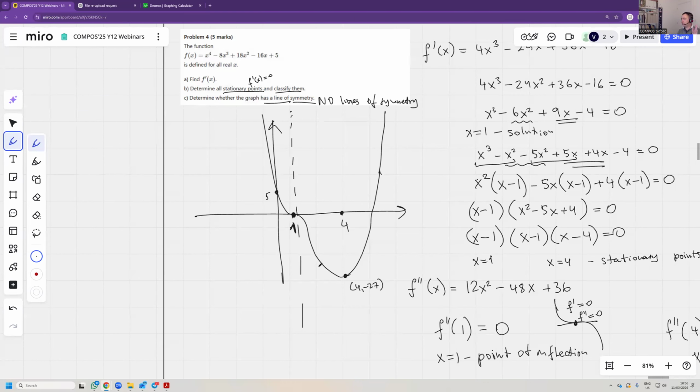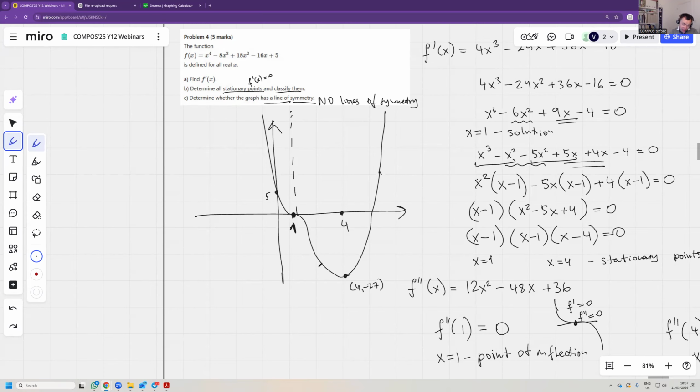Therefore, it has to pass through the inflection point. Because if the line of symmetry doesn't go through the inflection point, then you have to have 2 inflection points, if that makes sense. So if this line of symmetry goes through the inflection point, then you have to have 2 minimum points. And vice versa.